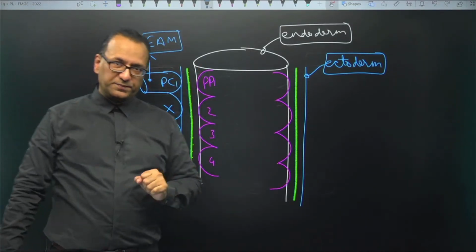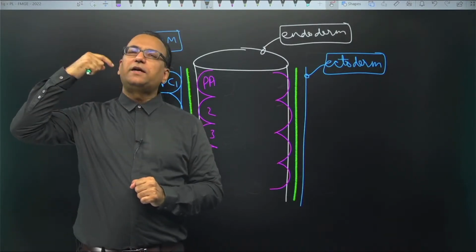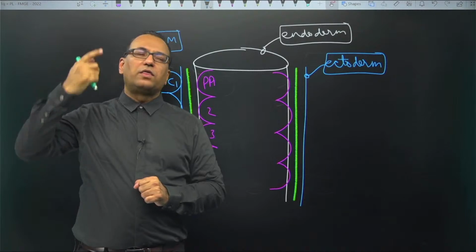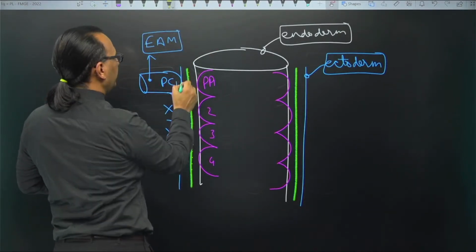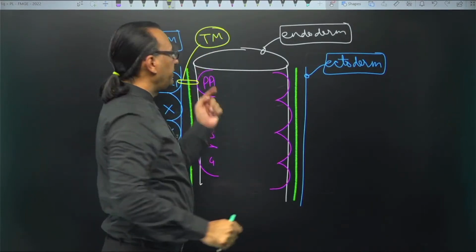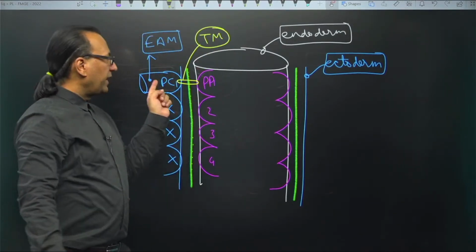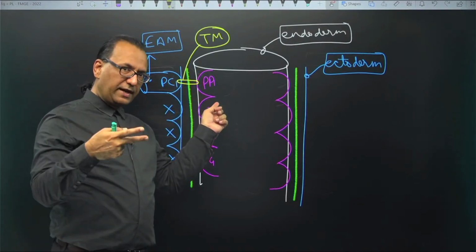What about the mesoderm? You see, external ear is from cleft 1. The middle ear is from pouch 1. Separating the two, we find what is called the tympanic membrane, and the tympanic membrane will have all the 3 germ layers. Tympanic membrane has inner epithelium lined by endoderm towards the middle ear cavity.